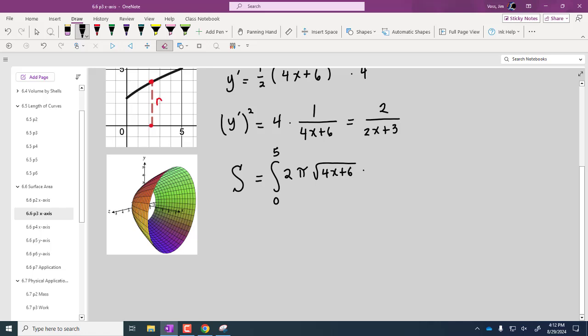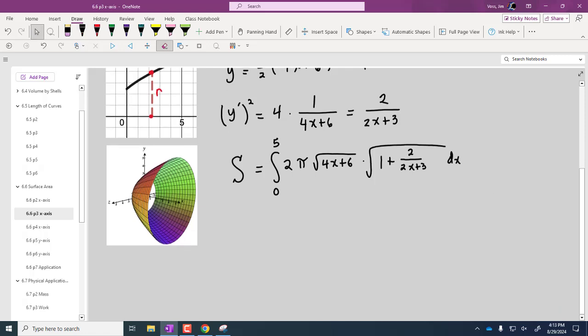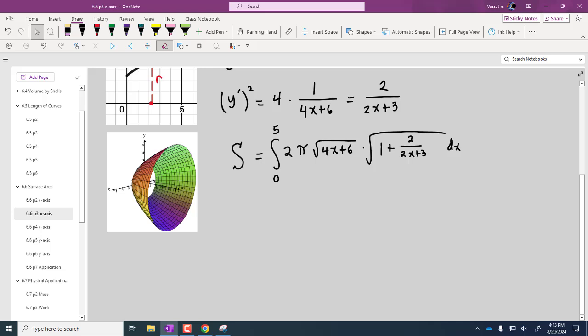So that part's the 2 pi r, multiplied by ds. ds is the square root of 1 plus the derivative squared. We're going to have this.